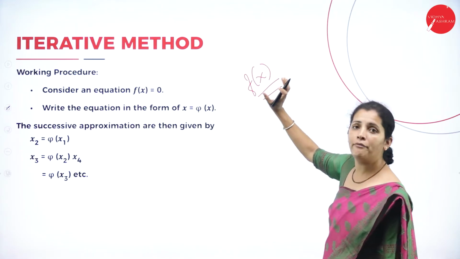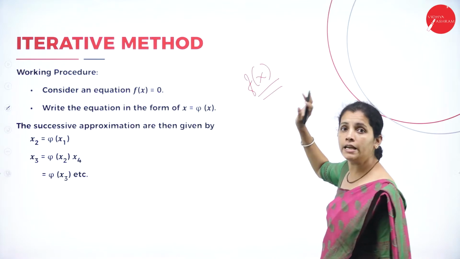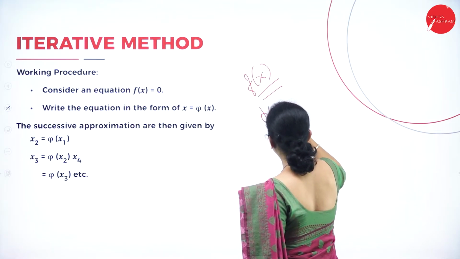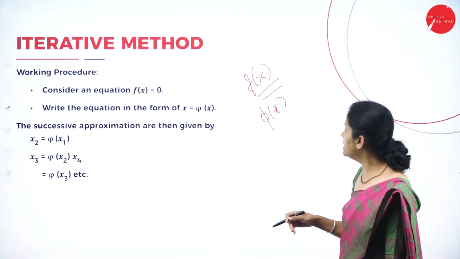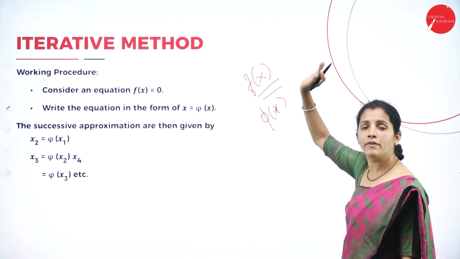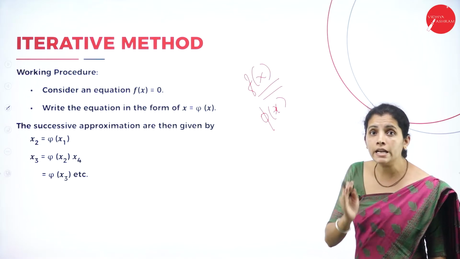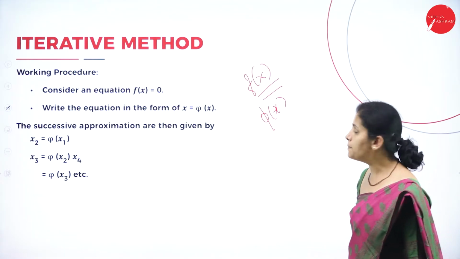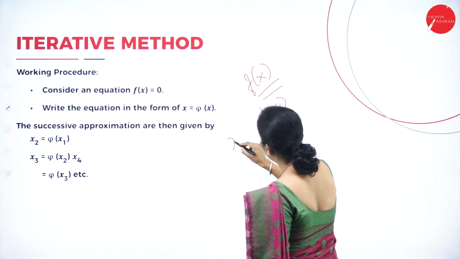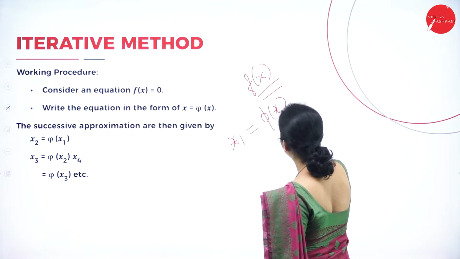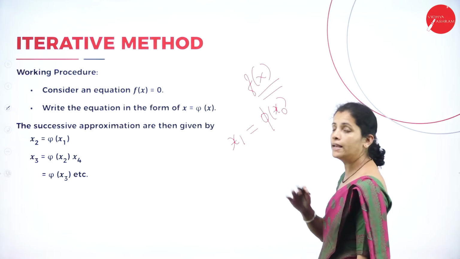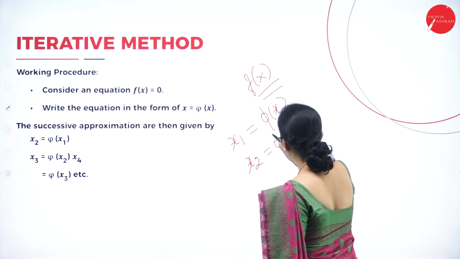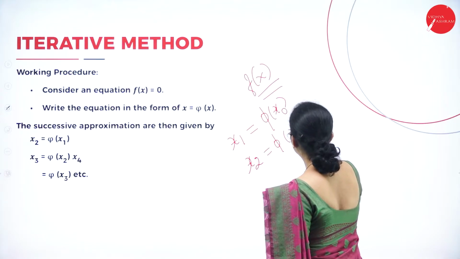This same f of x can be rewritten in the form of pi of x. For example, if this is x1 and this is x0, for the next iteration x2 equals pi of x1.